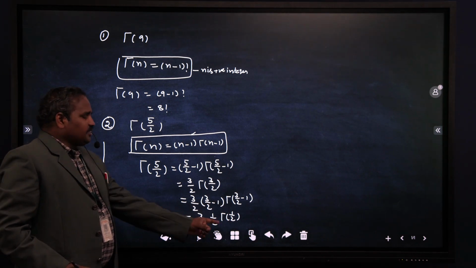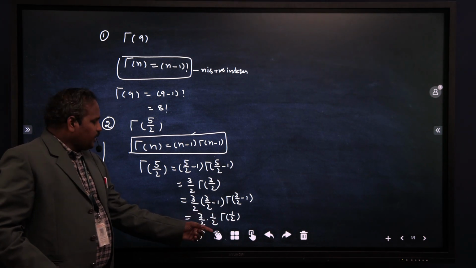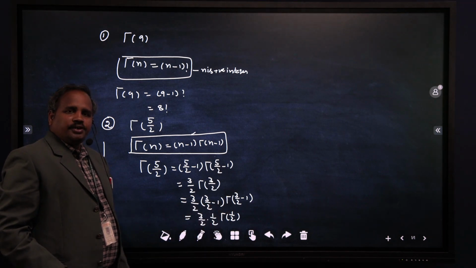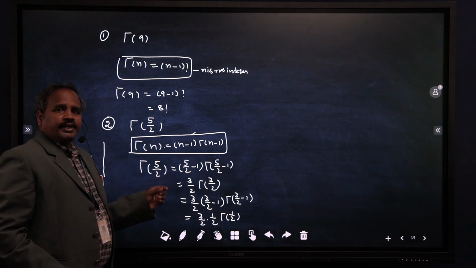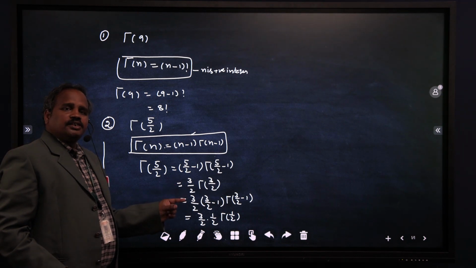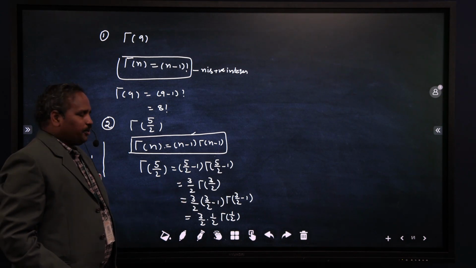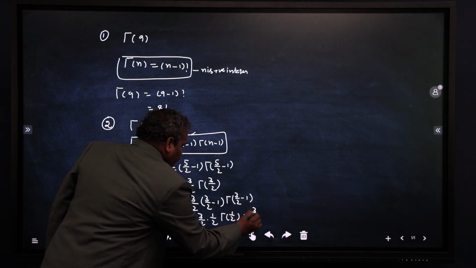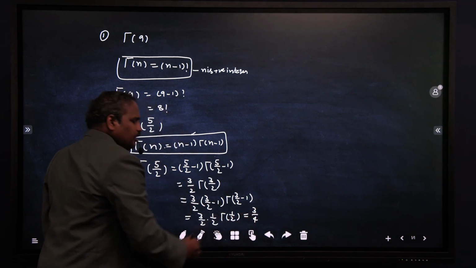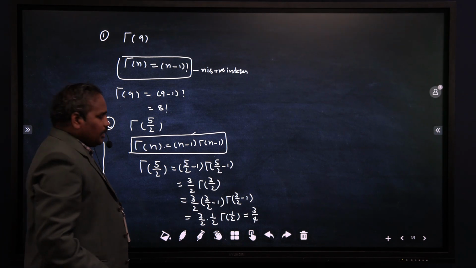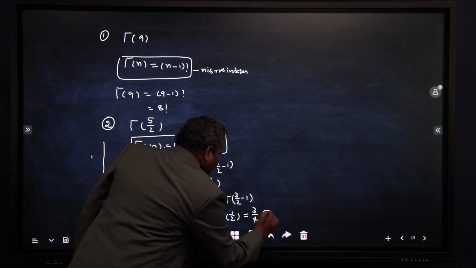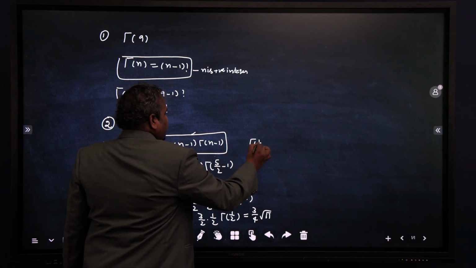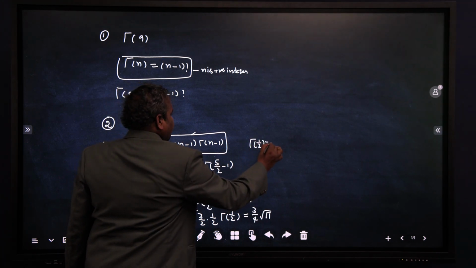Now we stop this gamma expansion, because in this rational number the numerator is smaller than the denominator. We apply this formula until the numerator becomes smaller than the denominator. This is equal to 3 by 4 into gamma of 1 by 2. Gamma of 1 by 2 value is root pi.